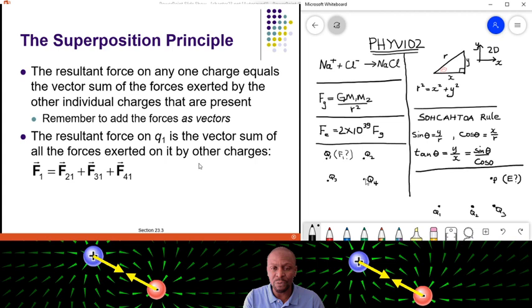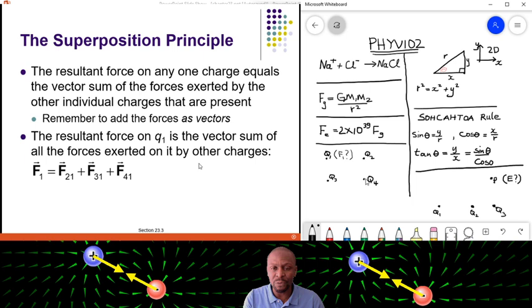So you just add the vector sum of them, and that will be the resultant force you will get on Q1. Right. We will just do an example in order for you to be able to understand this problem.